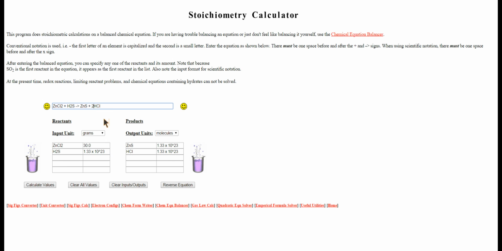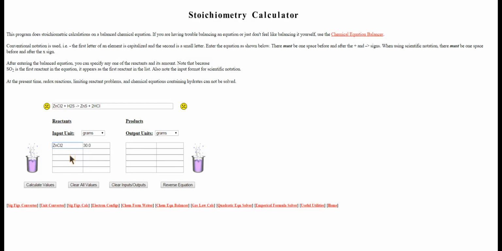Okay? So we got to go back and check this again. The reason why is because I was missing that 2. If your equation is wrong, it ain't going to do the right work down here. So let's clear all our values. Let's go back to grams. 30.0. Oh, where'd my equation go? Plug that back in. There we go.